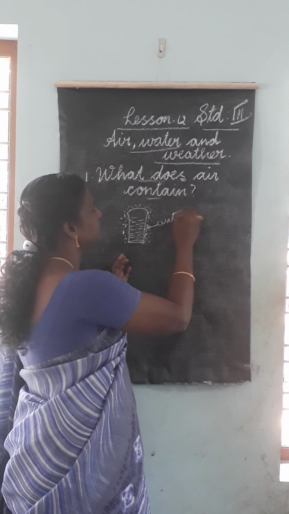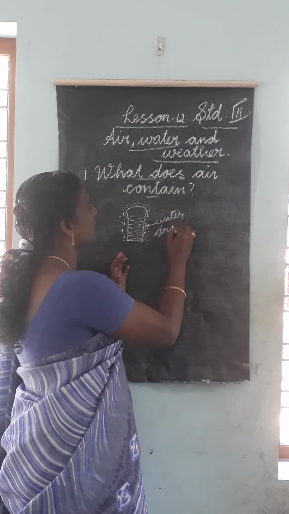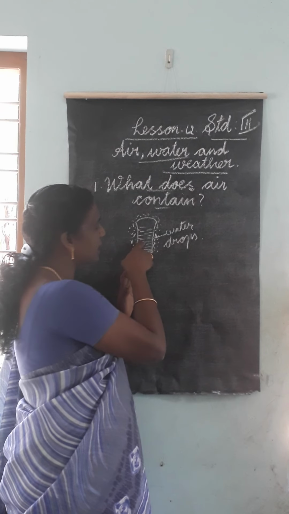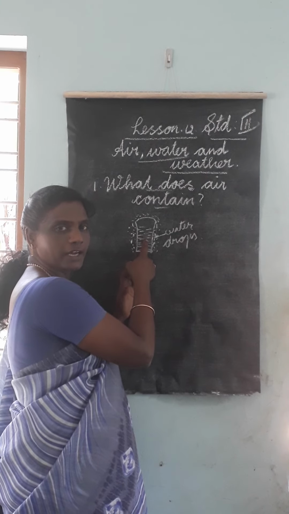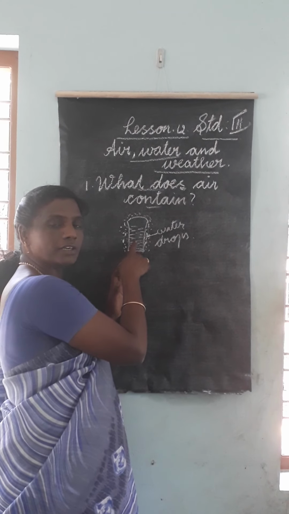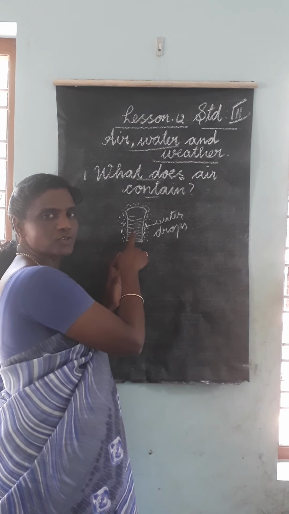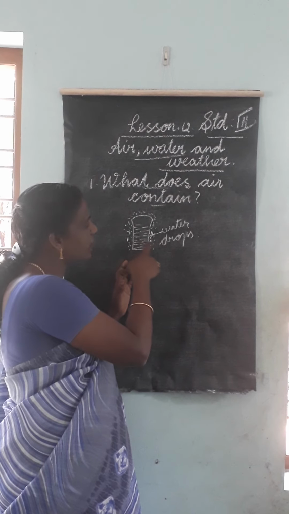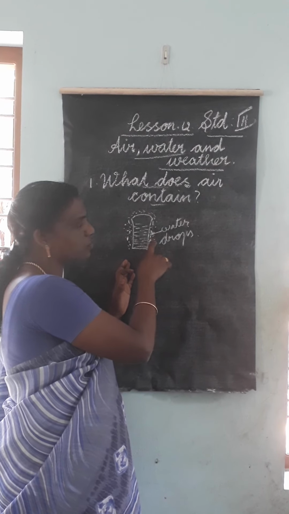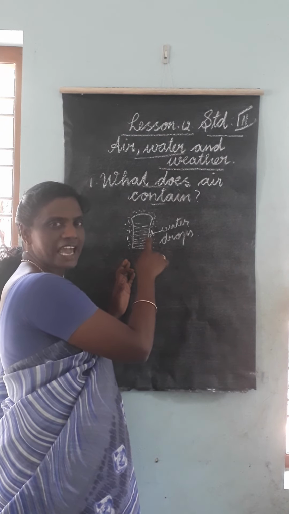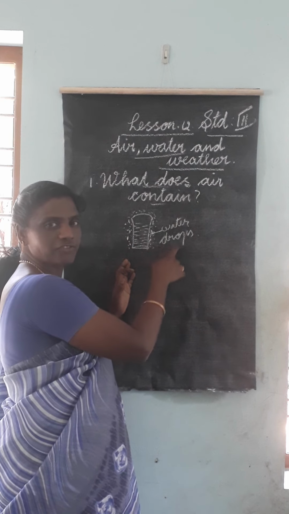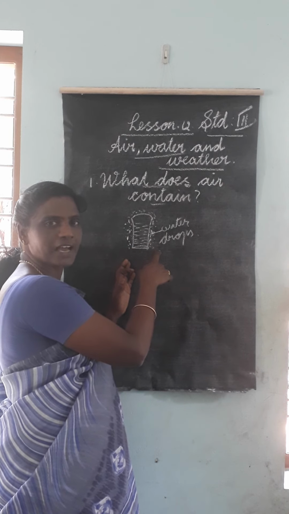Here this is cold water, but this cold water is not leakage. It didn't leak through the glass. So where do these water drops come from? They came from the air.